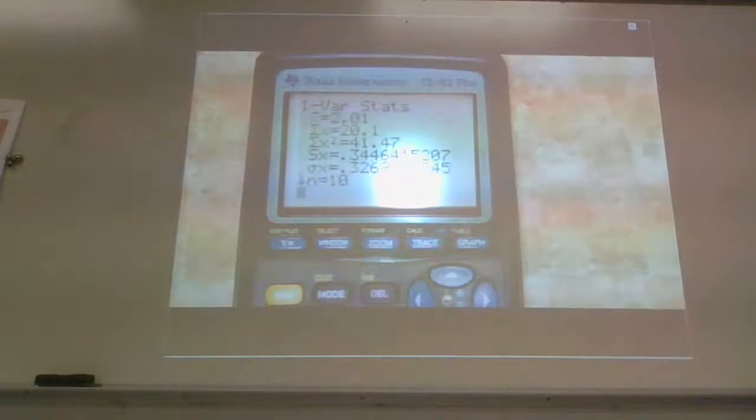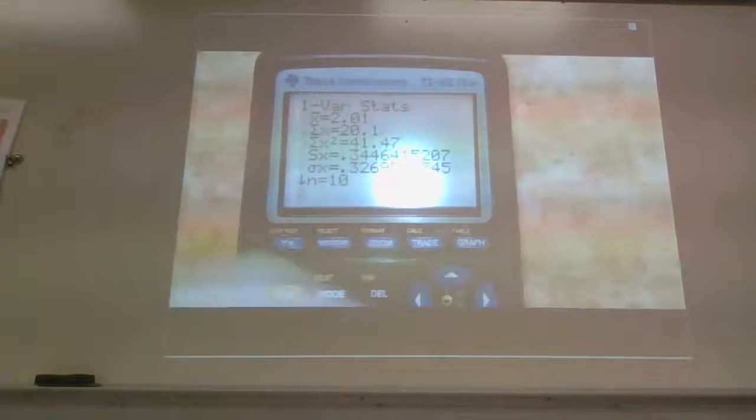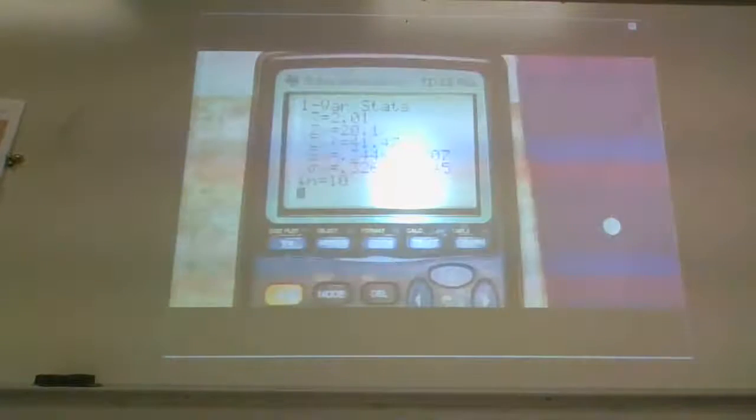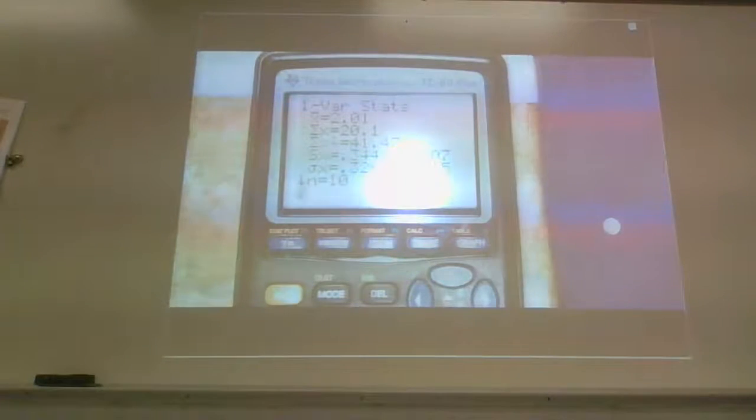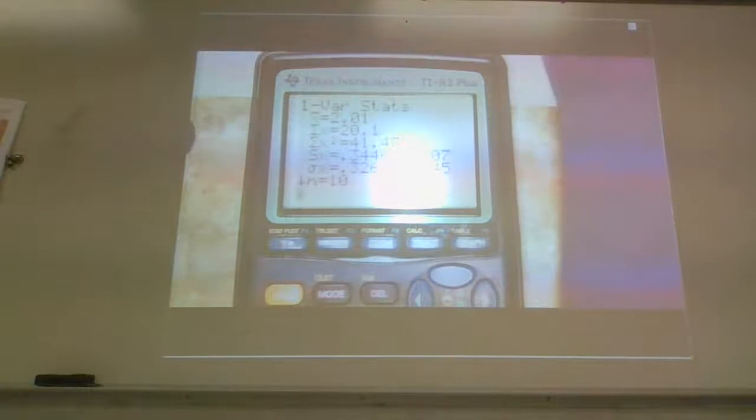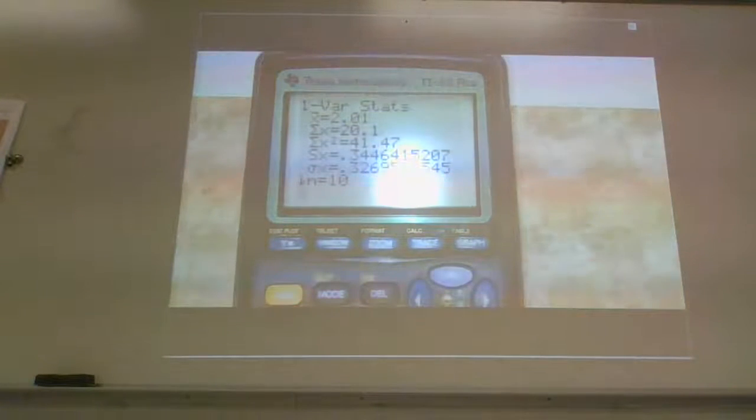If you run that 1var stats, that'll give you the information that you need. That gives me X bar at 2.01 and S at 0.345 or some junk like that. Make sure you're writing down the S.